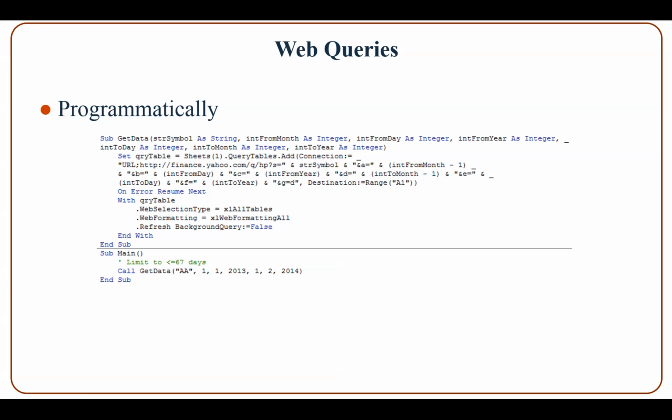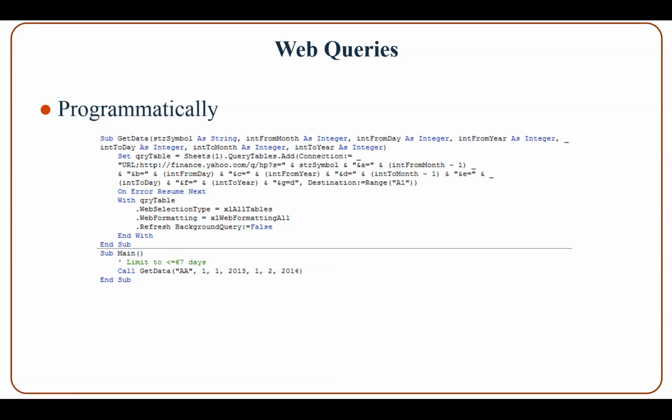And the other argument is the destination, where you specify the range of cells that you want to copy the data. And you may want to set the properties of the web queries. For example, background query.